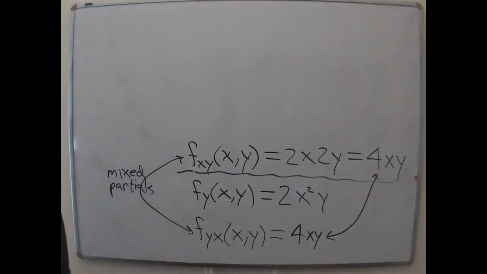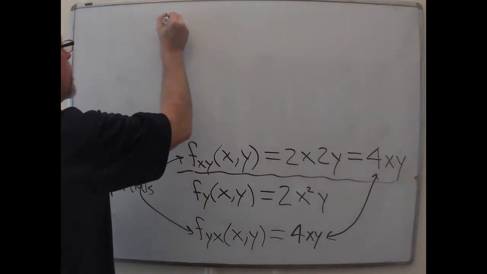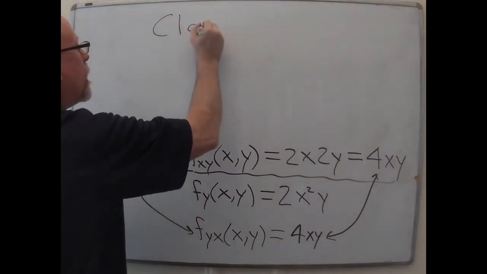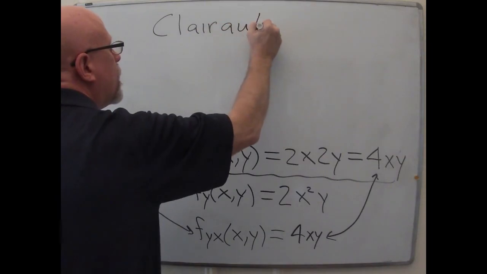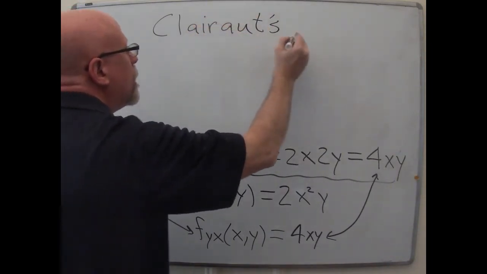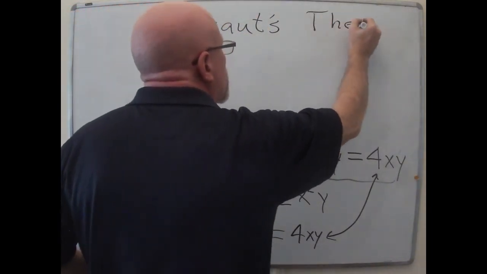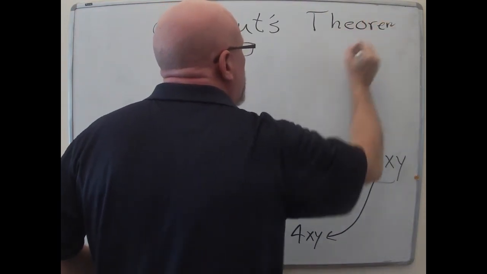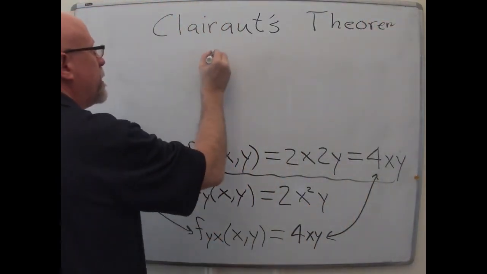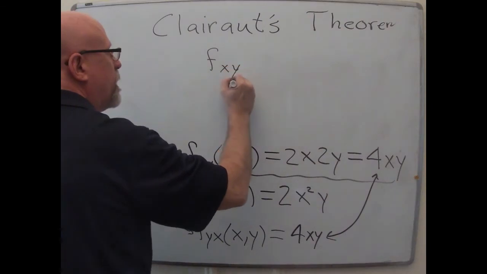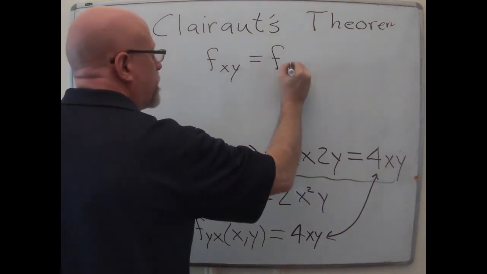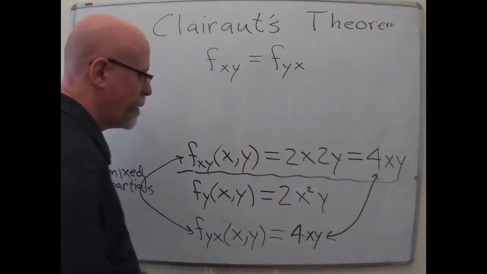I want to watch out. We need the mixed partials to be continuous throughout the domain of the function. But other than that, Clairaut's theorem can be stated in more generality, but basically it's that f sub xy is equal to f sub yx, and then you can go beyond that.